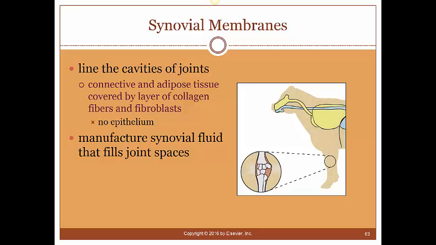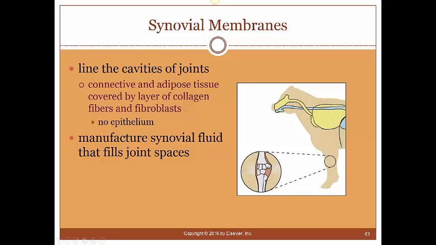Lastly, we have synovial membranes, and so these are actually formed joint capsules, or what we also know as synovial capsules. And so these actually go in between the bones where you have a joint, and they keep what should be in that joint space, in the articular area, inside of there, and they actually produce the fluid that's in there.